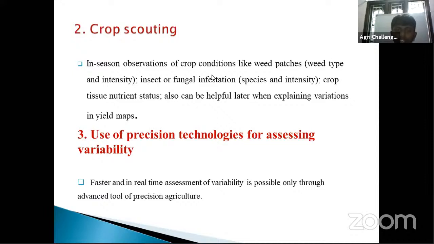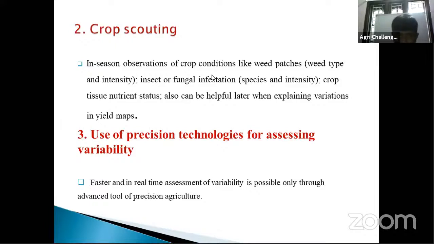Here we are taking manual observations; ground truthing, crop scouting or field scouting can also be helpful later when explaining the variation in the field. Observations of crop conditions in season.